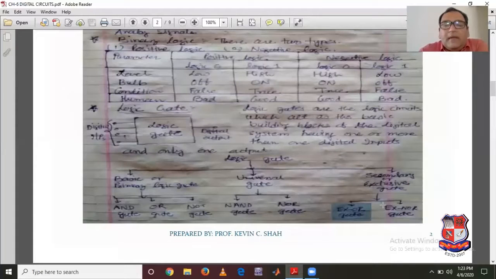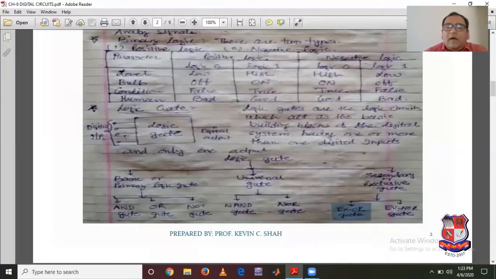I am again repeating that there are three types of logic gate: primary or basic logic gate, universal logic gate, and third one that is a secondary or exclusive logic gate. In detail, basic gate has three types: AND gate, OR gate and NOT gate. Universal gate has two types: NAND gate and NOR gate. And secondary or exclusive gate has two types: XOR gate and XNOR gate.